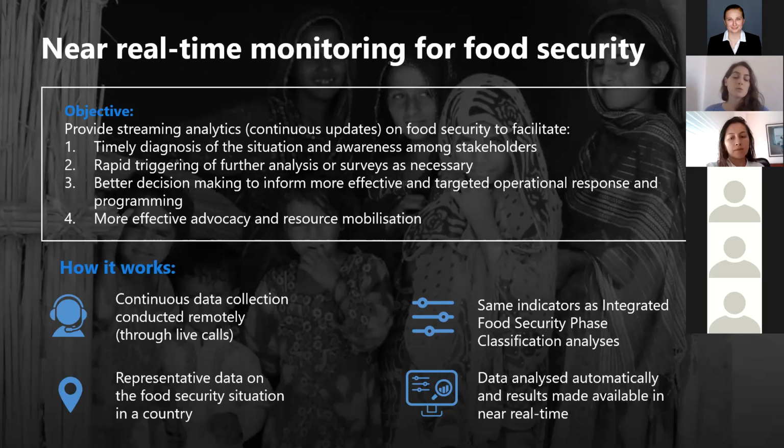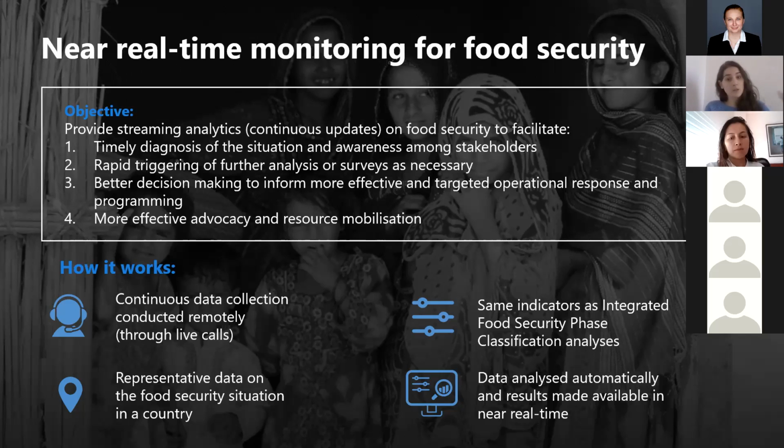But what we do is we have a rolling window approach. On a daily basis we collect a given number of surveys, but then the representativity is across a 20-day, 30-day, or 3-month period. So every day we're able to give an estimate of the food security situation in an area by aggregating the data collected over the last 30 or 60 or 90 days.